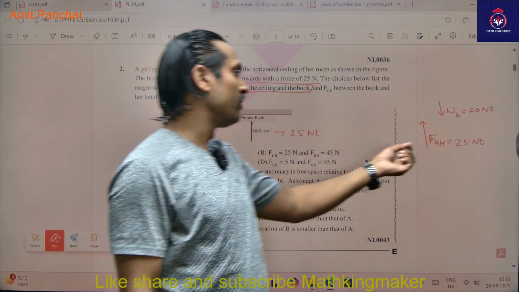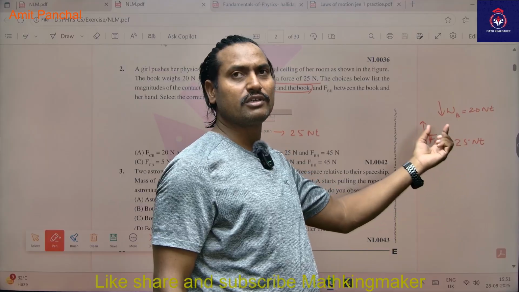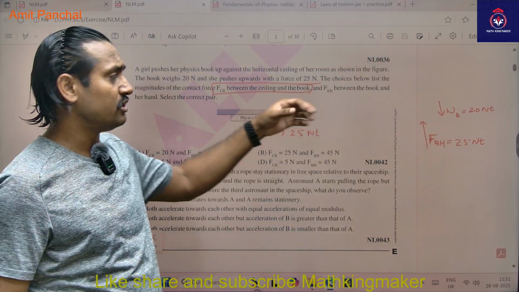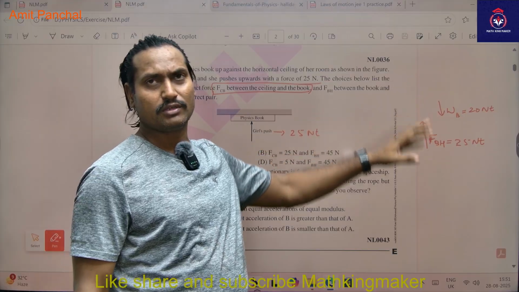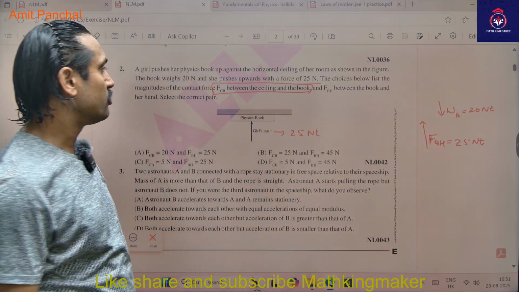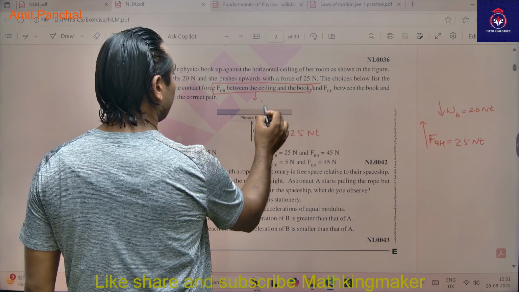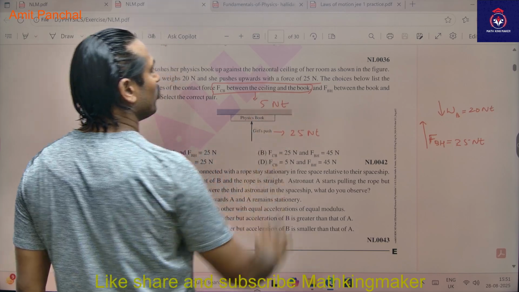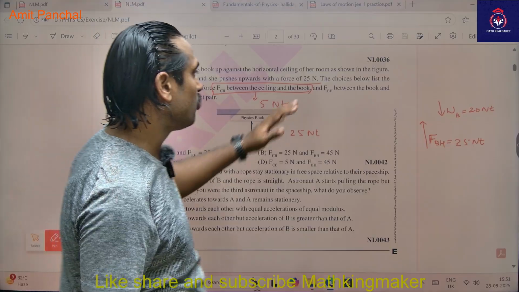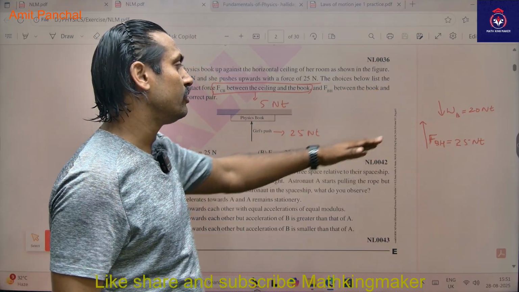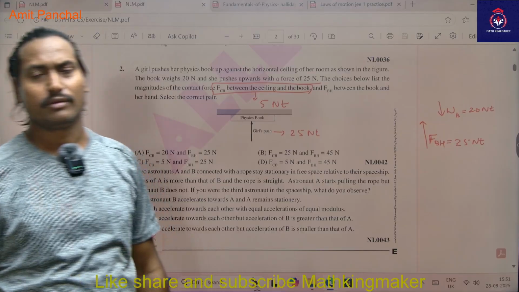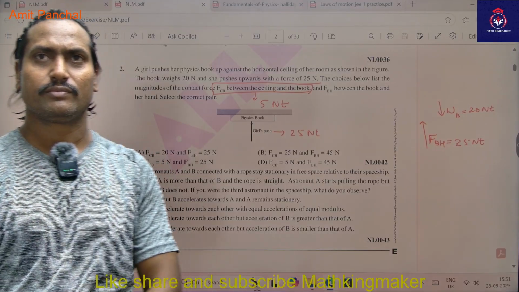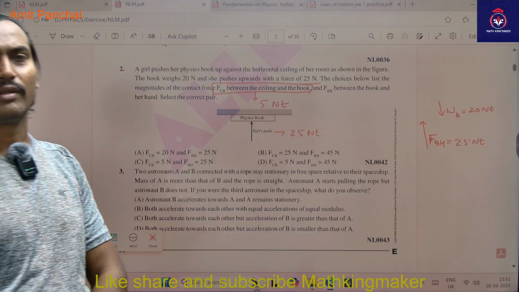Even though she is applying 25 Newton, it is just like she is applying only 5 Newton, isn't it? So that FCB will be 5 Newton, but once we are talking about the force between book and hand, that will be 25 Newton. Shouldn't both of them be 5 Newton?